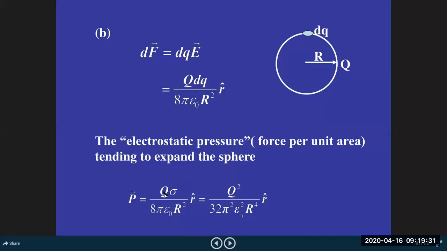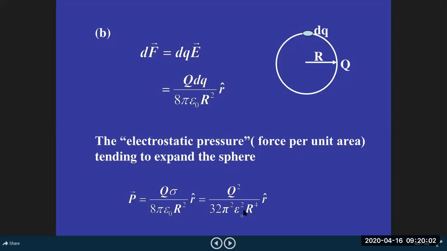So then it becomes Q into sigma over 4 pi epsilon naught r square into this much. Now this becomes sigma square over 2 epsilon naught, that is Q square over 32 pi square epsilon naught r to the power 4. Now try to understand how it became so. Here the formula is Q into sigma over 8 pi epsilon naught r square. Now we have to calculate the numerical value of sigma and put it here.